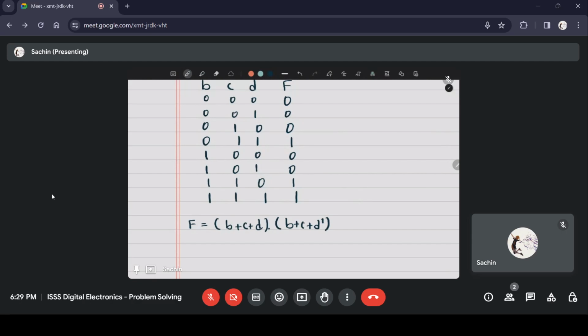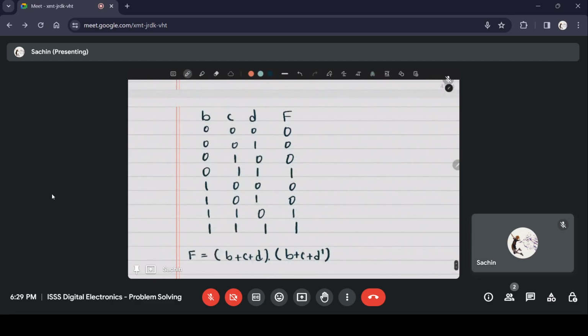The max terms will be of the form of the sum of variables, and if in the corresponding input combination you have a 0, then this input combination must be present as a term in your expression, and all the variables must be present in that term.